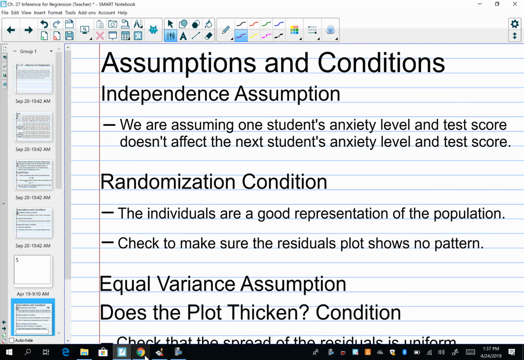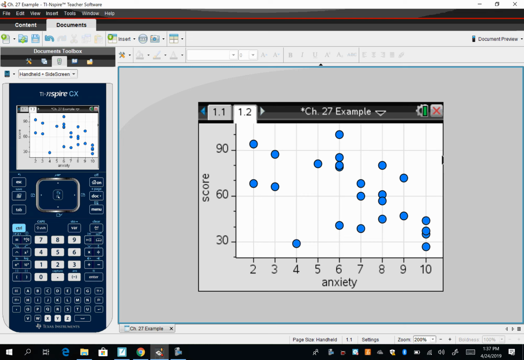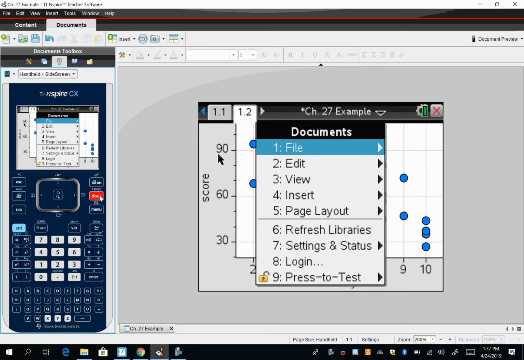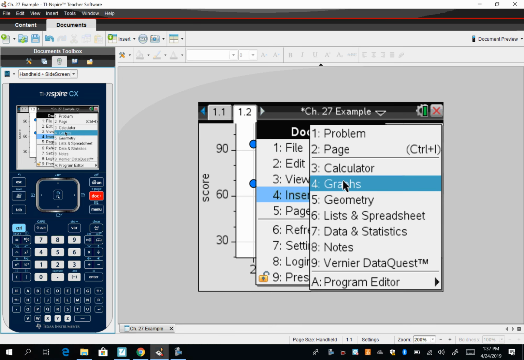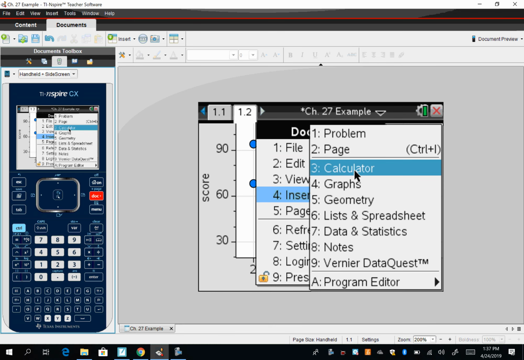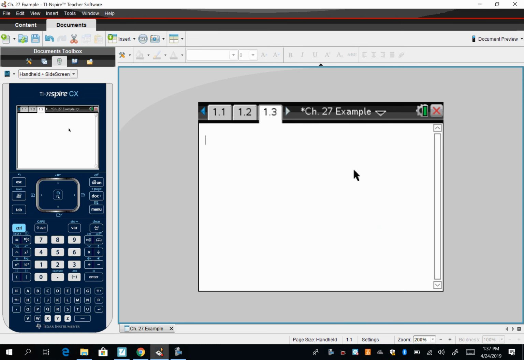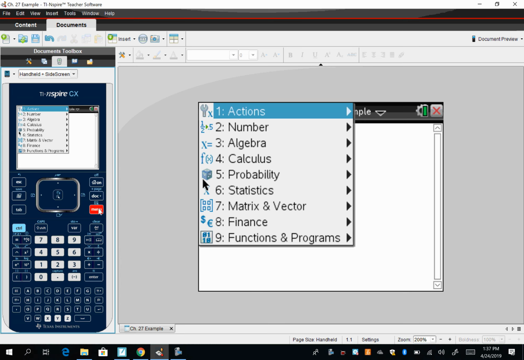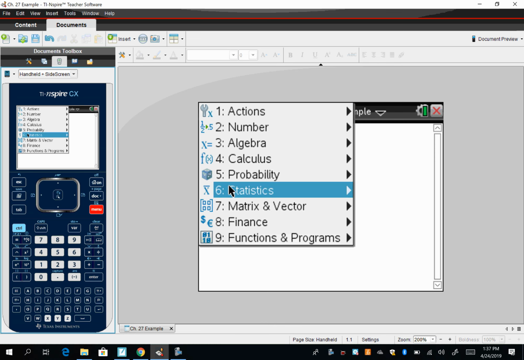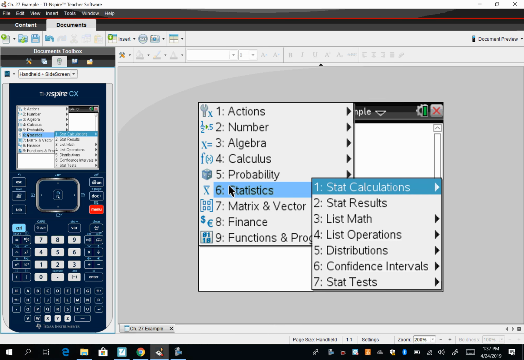Now, do you guys remember, after we decide that it's linear, how we get the linear regression model? Okay, hold on, here we go. I'm going to go doc, insert, a calculator page. Then menu, okay, stats.